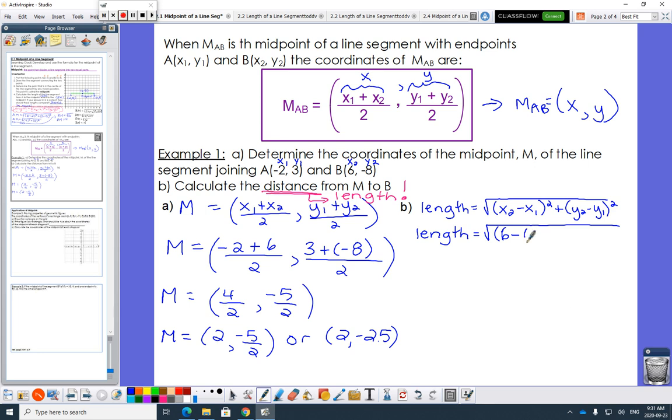So I would write down, when you sub it in brackets, because then this becomes six plus 2, right? Okay.